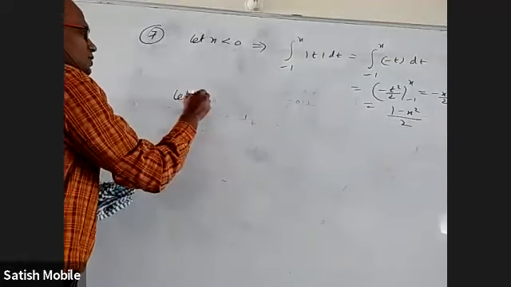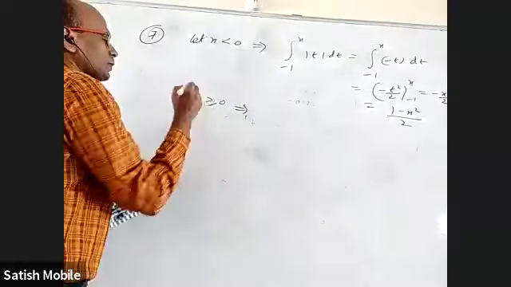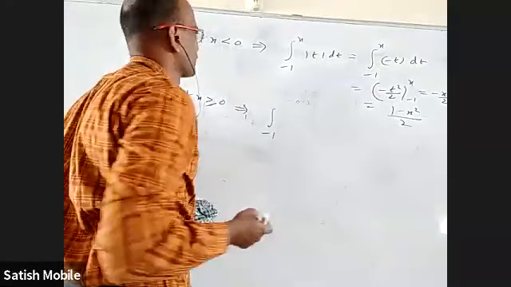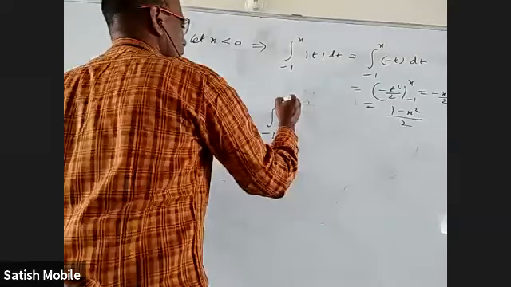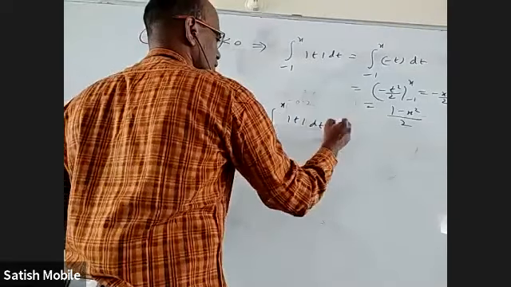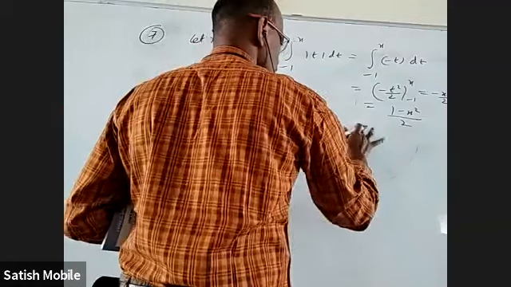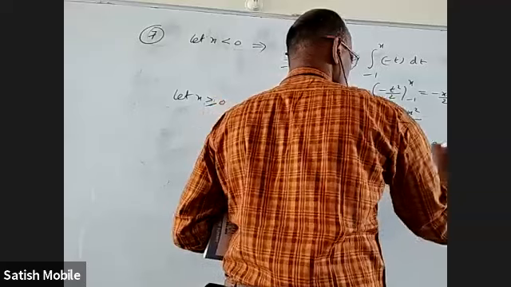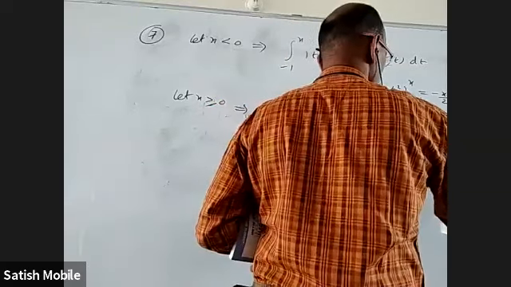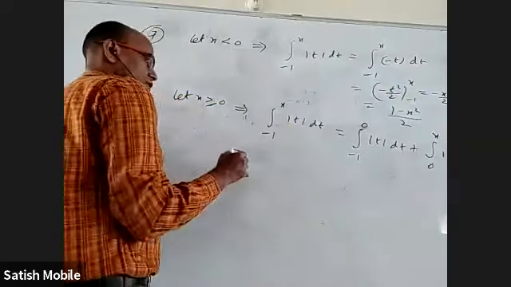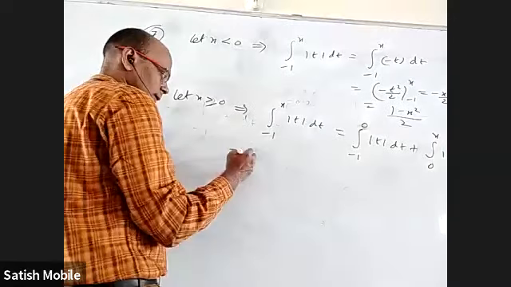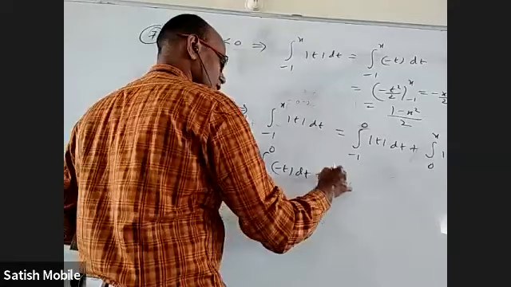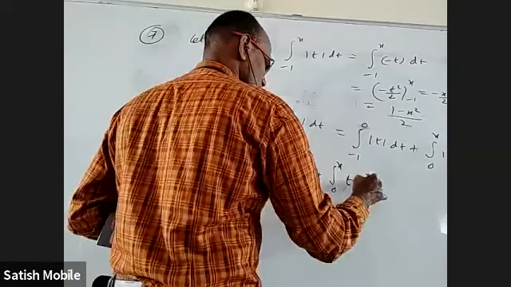So let x be greater than or equal to 0. Then, you can include 0 here or here, it's not going to make any difference anyway. The integral from minus 1 to x of mod t dt is the integral from minus 1 to 0 of mod t dt plus 0 to x of mod t dt. This is the integral from minus 1 to 0 of minus t dt, plus the integral from 0 to x of t dt.